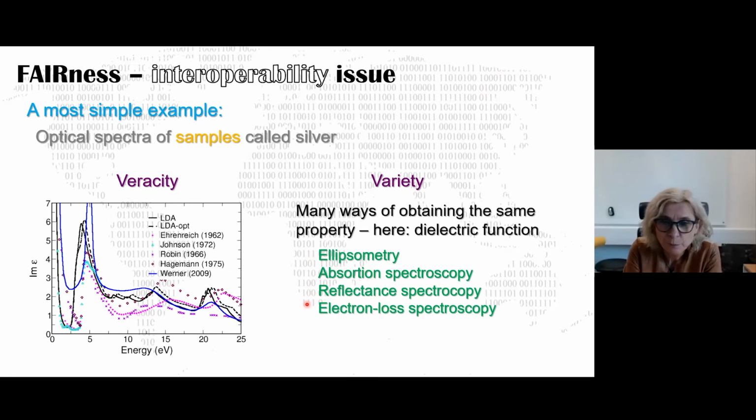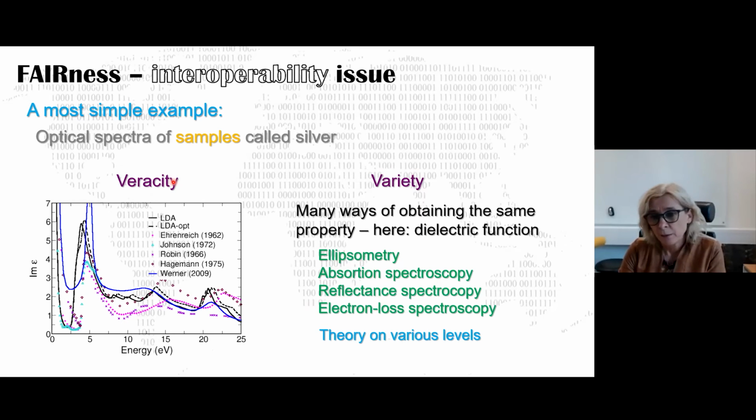Interestingly, none of these probes gives you this property directly, so there are always transformation steps involved, and that's why this not only adds to variety, but again to veracity, to the uncertainty in data. And also, needless to say, you can compute this on many different levels.